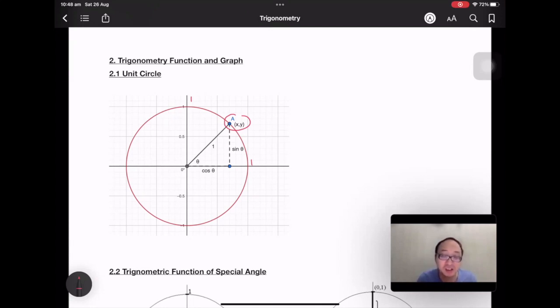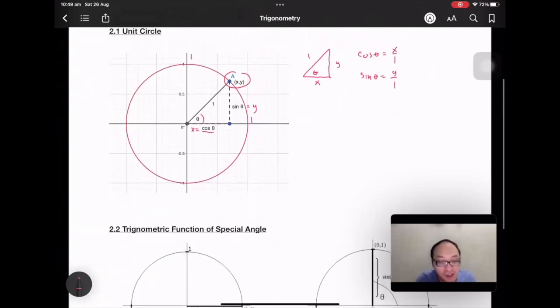If we project the coordinates onto the x-axis, it will be cos theta because of the angle theta here. Remember the trigonometric ratio. This is y, this is x, this is 1. So to find x, cos theta equals x over 1, so cos theta equals x. And sin theta equals y over 1, so y equals sin theta.